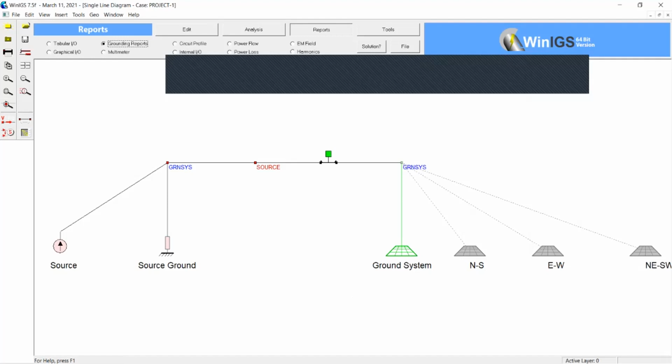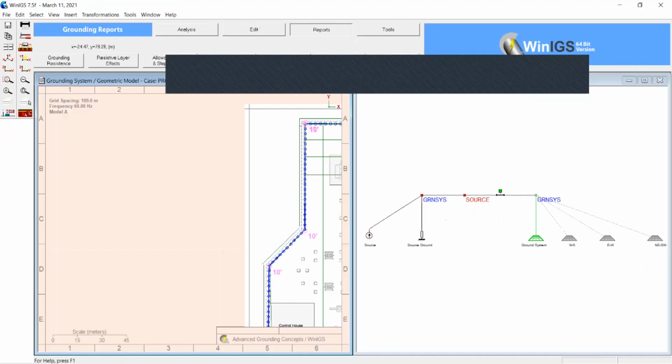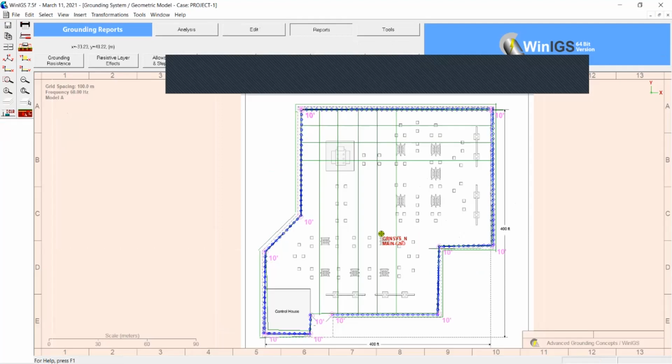Now we will be working only with this system. Click on this system, and you will have this window. You can maximize it. You will have all the information corresponding to this.